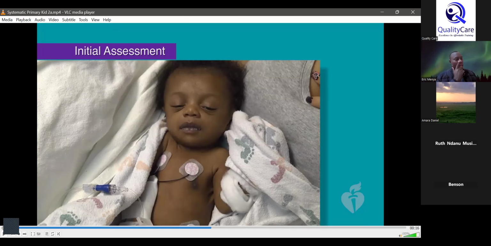Okay. After we have activated the team, we move to? Now we can progress to, wait, we hadn't finished circulation. We just said baby looks cyanosed. Yeah, that is color, that is circulation. Yes, but now we need parameters. We need the vitals for the baby.